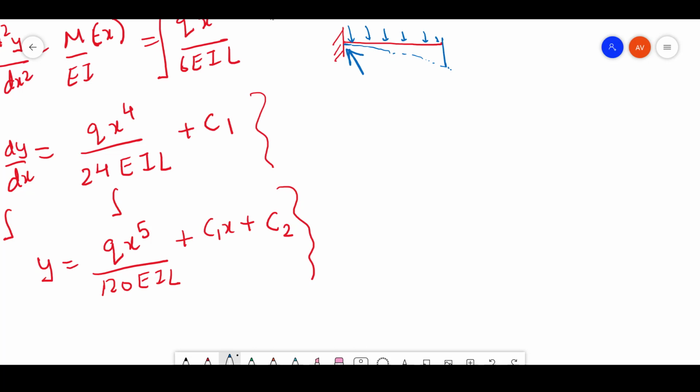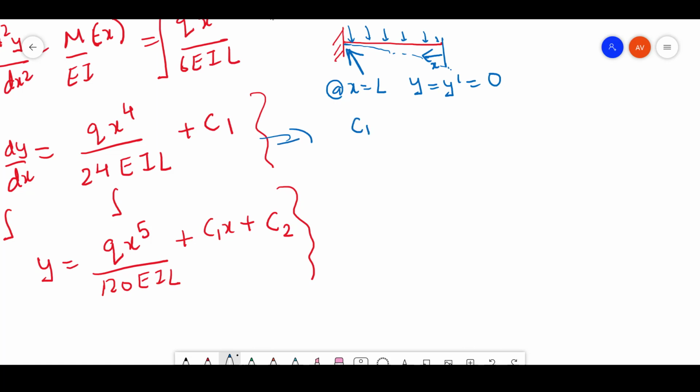From here we are taking x, right? Now at x is equal to L, both y and y dash are equal to 0. So let's use the first equation with the condition.